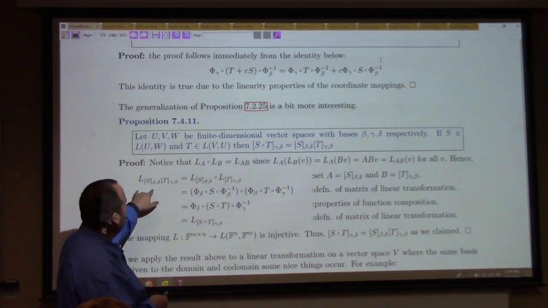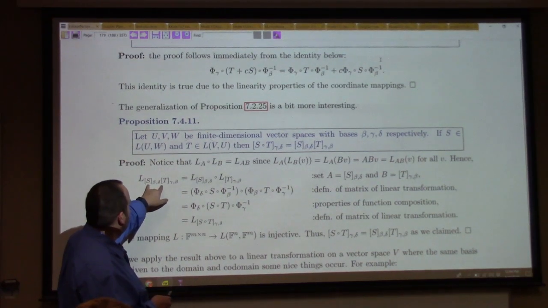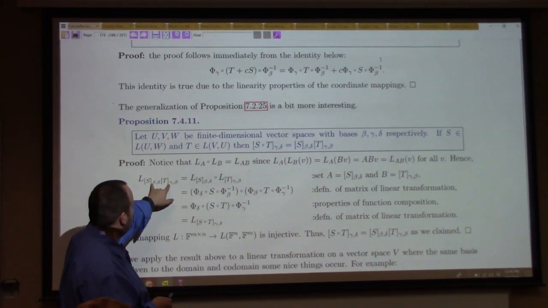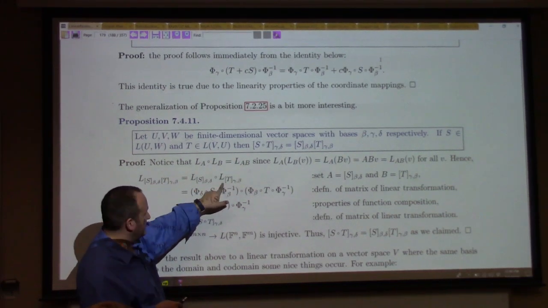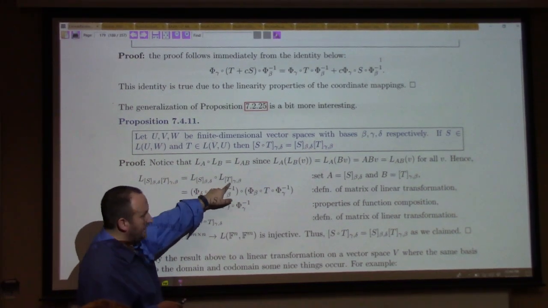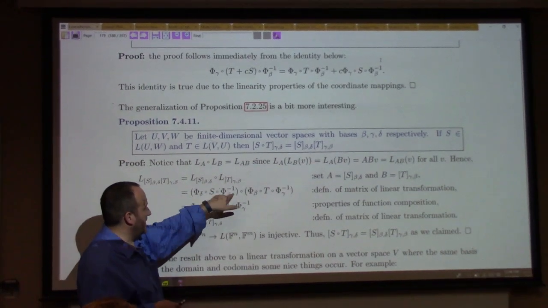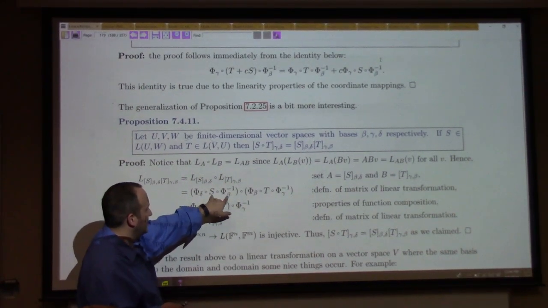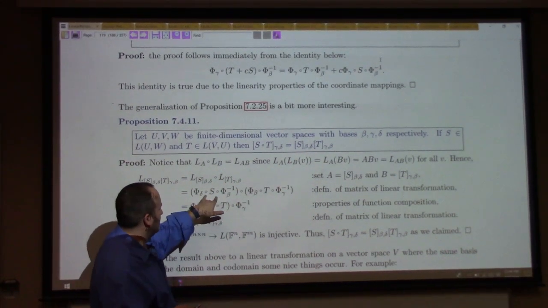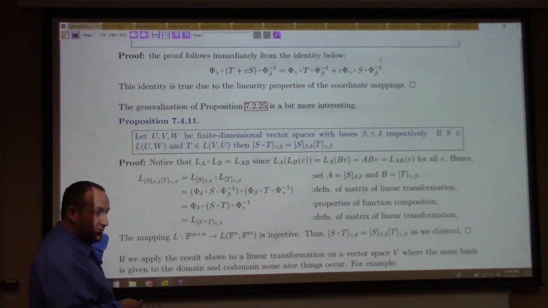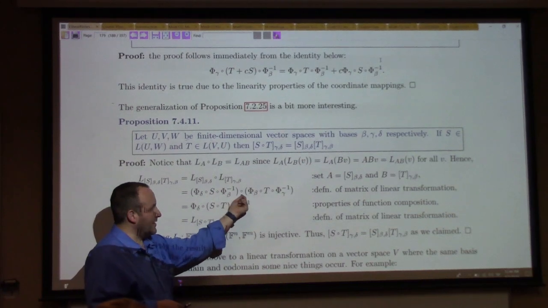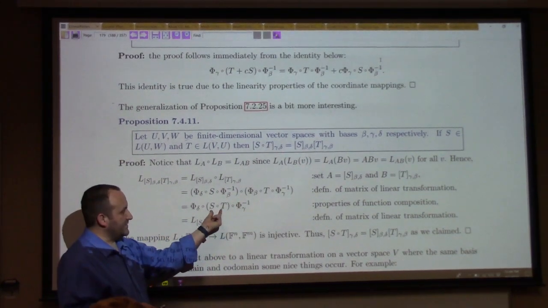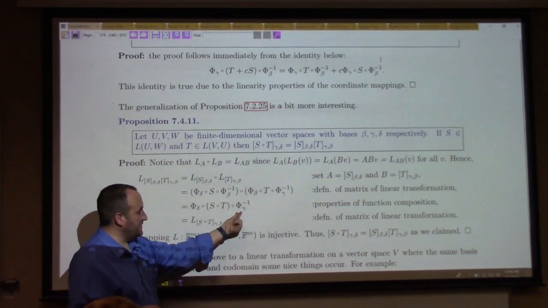Now, similarly, the composite rule here. If I look at the left multiplication by the product of these, then we had a theorem that that's the composite of the linear transformations that are formed by multiplying by this or that. But then I can take this and that and convert it in terms of S and T, according to the identity I drew on the first board. And these cancel, and you're just left with S composed with T in the middle, sandwiched by these two guys.